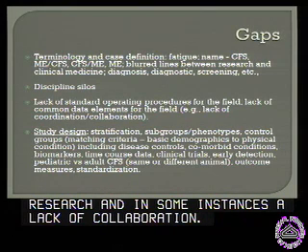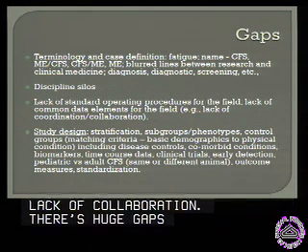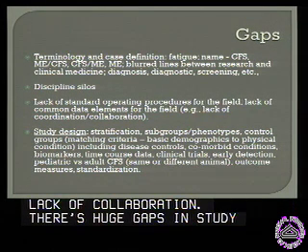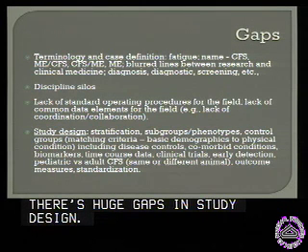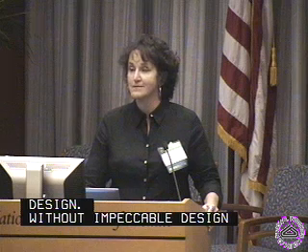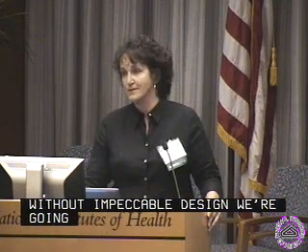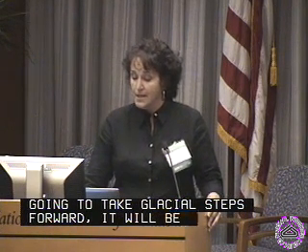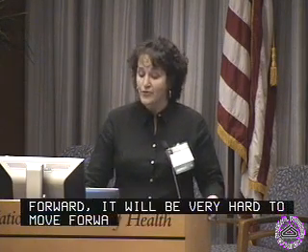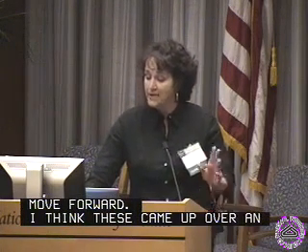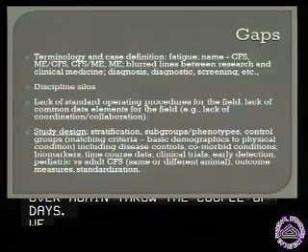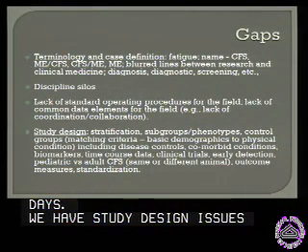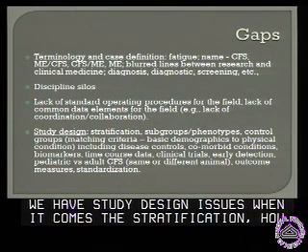There's huge gaps in study design. And without impeccable study design, we're going to take glacial steps forward. It will be very hard to move forward. And I think these came up over and over again throughout the couple of days. We have study design issues when it comes to stratification. How do we stratify? We have subgroup and phenotype differences.